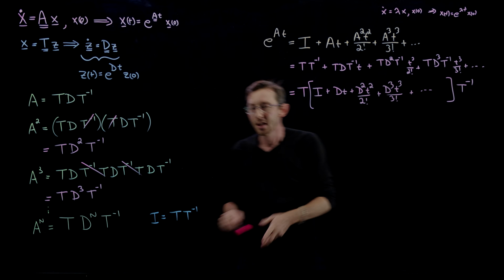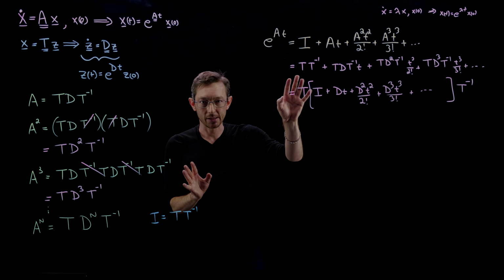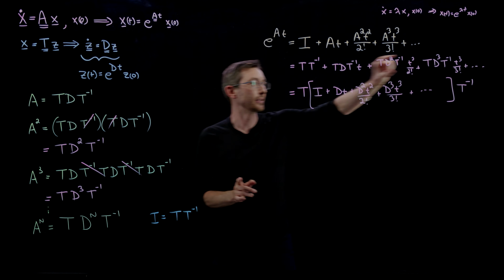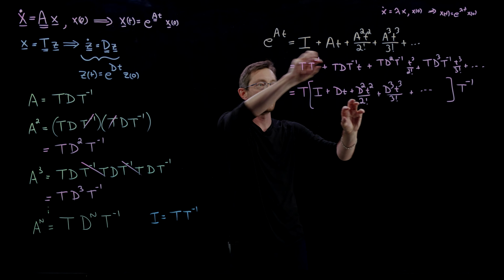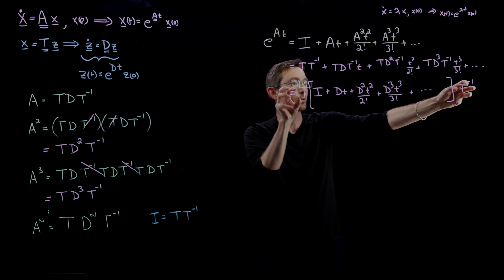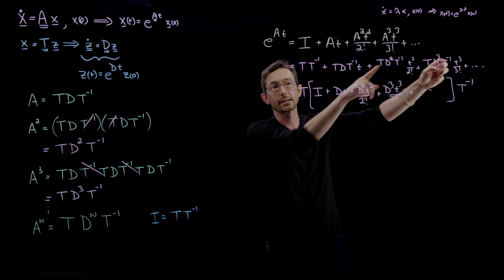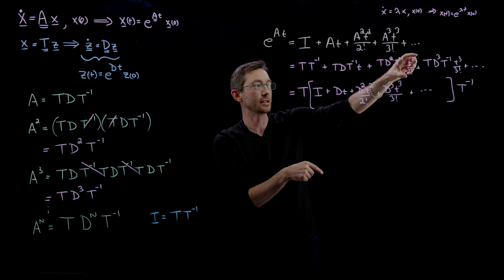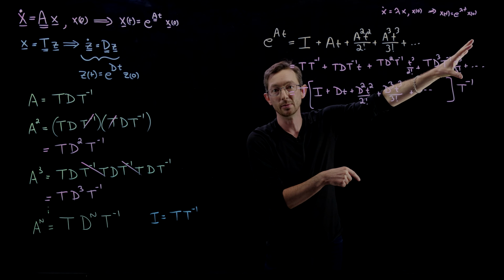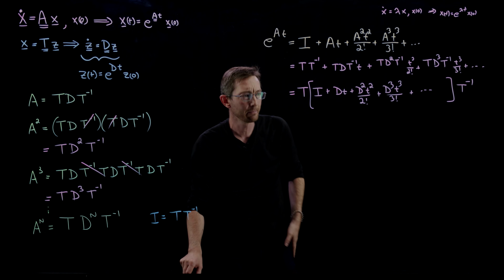If that was too fast, just pause and convince yourself that this equals this. I literally just popped this big T on the left from all of these, and this big T inverse on the right from all of these, and then I collected all the stuff in the middle: identity, big D times t, big D squared t squared over 2 factorial, D cubed t cubed over 3 factorial.